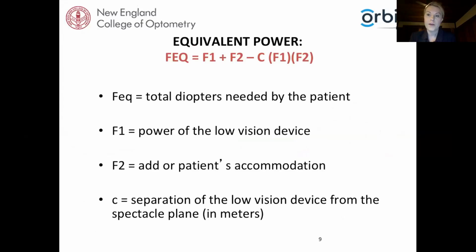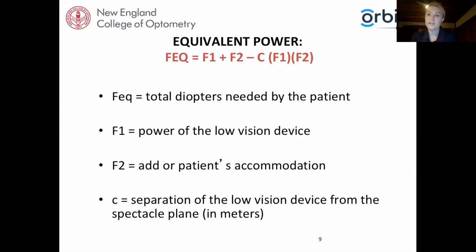So when we think about a 2-lens system, which this now is when we're thinking about a near addition and a hand magnifier, the equivalent power of the system together is defined by this formula here, F1 plus F2 minus C F1 F2. And in this formula, F1 and F2 are the dioptric powers of the 2 lenses.